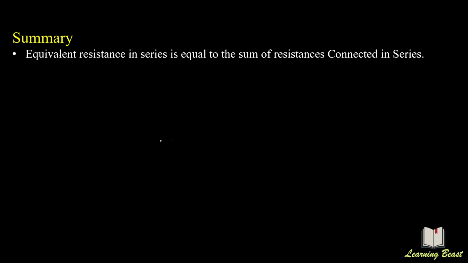Thank you. Now, a summary of what we have studied. The equivalent resistance in series is equal to the sum of the resistances connected in series. Mathematically, R equivalent is equal to the summation of R1, R2 till the nth resistance.